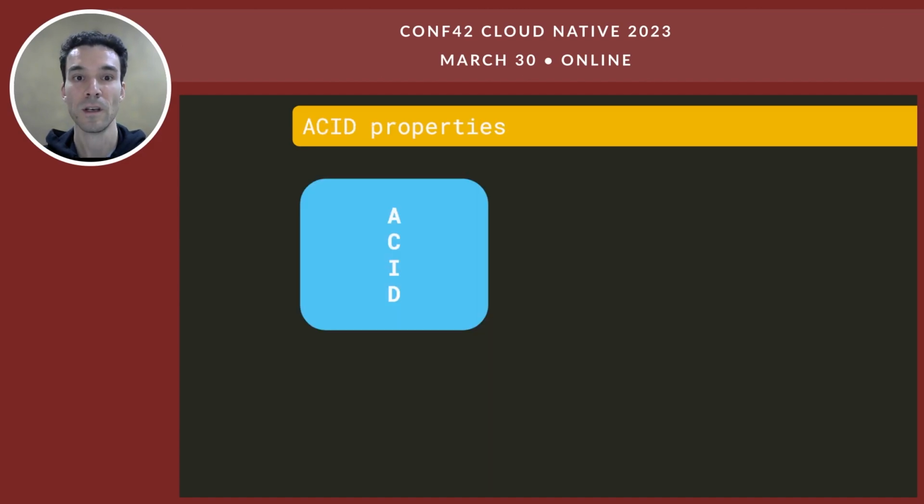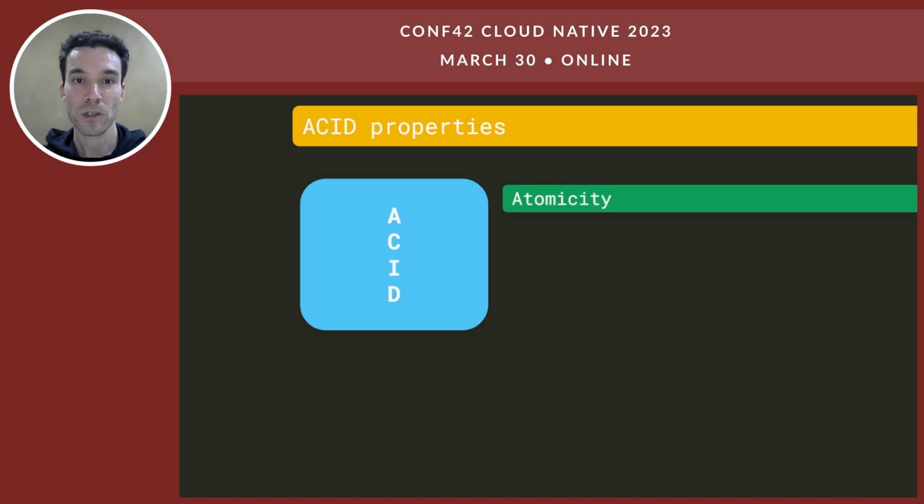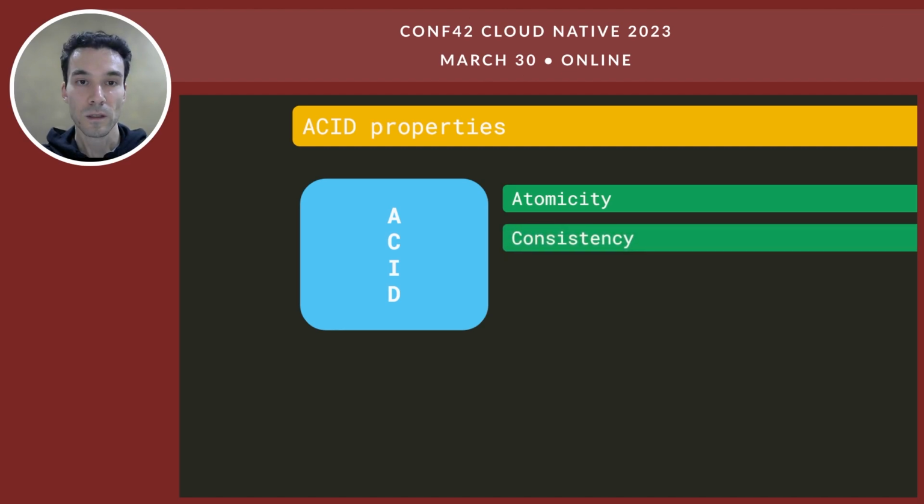So what is ACID? First, transactions must be atomic, so all changes to data are performed as if they are a single operation. That is, all the changes are performed or none of them are. It's consistent, so data is in a consistent state when transaction starts and when it ends.